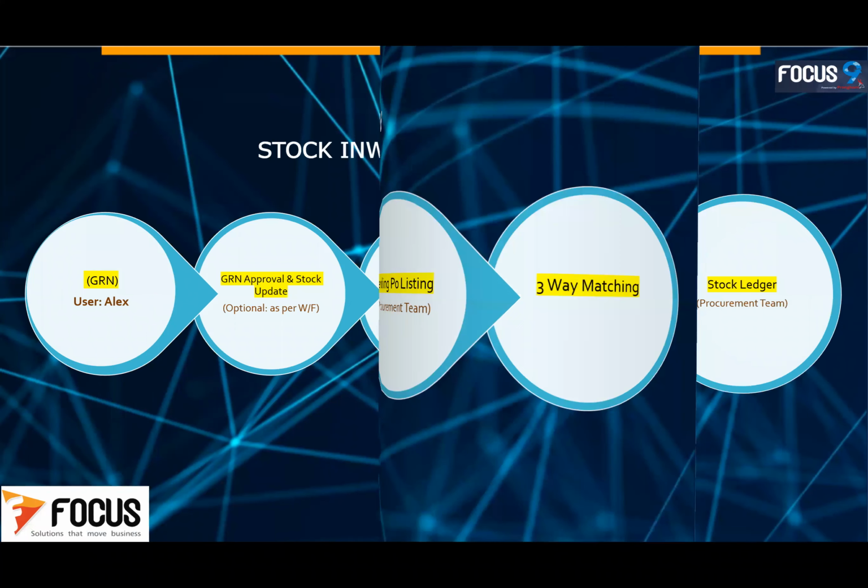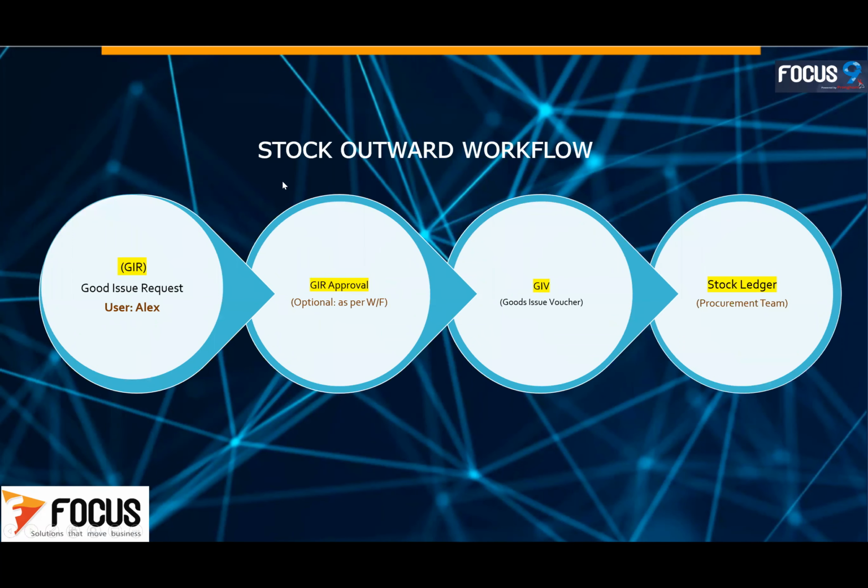For that to happen, you have stock outward flow, which works like this: GIR, which is goods issue request, which can be done by the PR team, the procurement team, or the PR initiator, depending on the requirement. In this example, we are taking Alex. And then you have a GIR approval, which could again be based on the workflow. And then you have a GIV, which is goods issue voucher, followed by stock ledger information. So let's follow this with Alex login only.